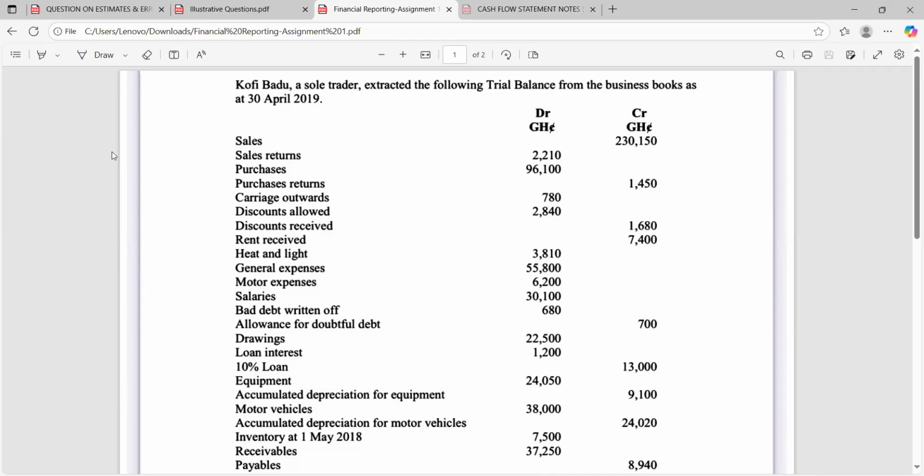Okay. Kofi Bedu, a sole trader, extracted the following trial balance. I want to read. You wanted to read, and I've been waiting for you for like 6 years. Please read for us. Sorry, let me position myself well. All right, please read for us.